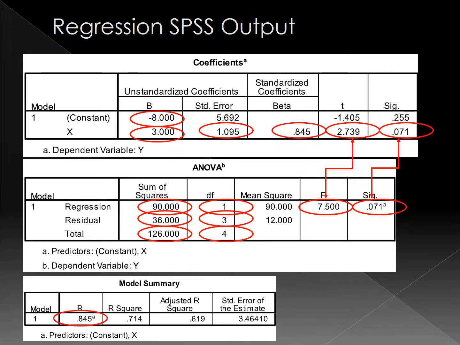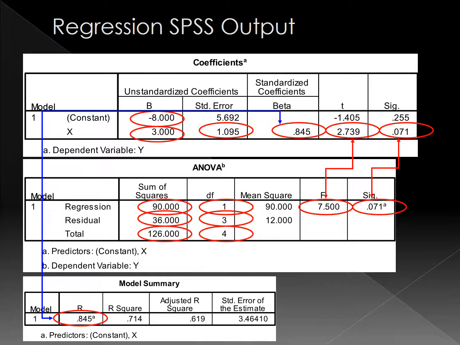The last table is the model summary for one predictor in predicting y. The correlation between x and y is 0.845. Do you remember what the correlation equals to? The correlation coefficient equals the standardized coefficient.